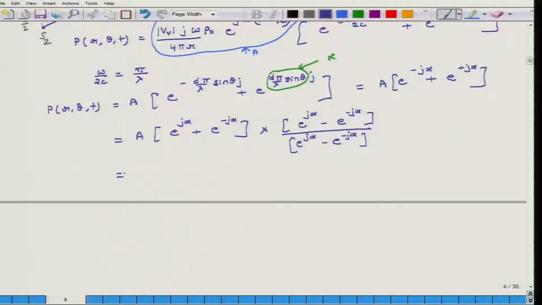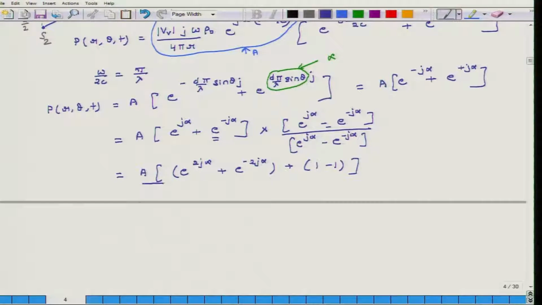So, what do I get? In the numerator, when I multiply e to the power of j alpha by e to the power of j alpha, I get e to the power of 2j alpha. I also get e to the power of minus 2j alpha. Then when I multiply e to the power of j alpha with this term, I get 1, and when I multiply minus e to the power of minus j alpha with e to the power of j alpha, I get minus 1.